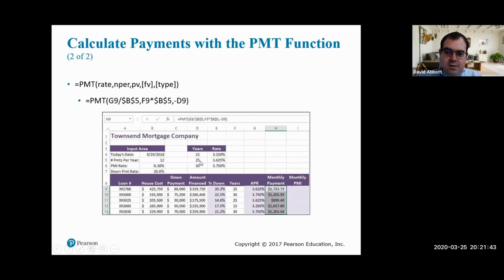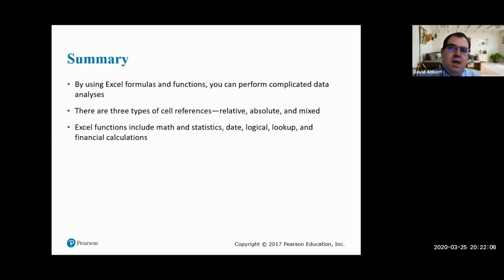And then minus D9, which is the amount financed. You have to put minus D9 so that it is displayed as a positive number, because usually it would display as a negative number. We want the payment displayed as a positive number.